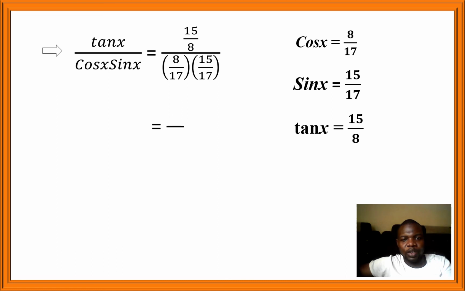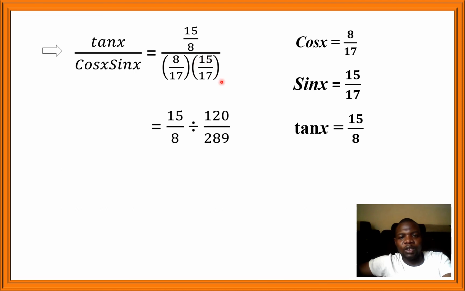Simplifying this, we'll have 15 over 8 divided by, 8 by 15 gives us 120, 17 by 17 gives us 289.